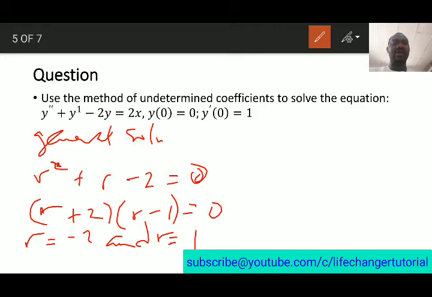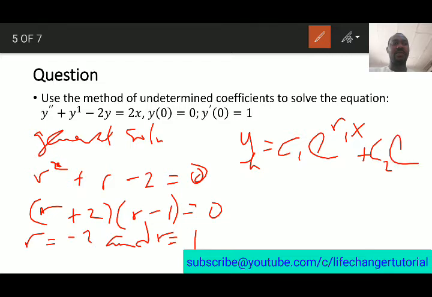So that means my yh, which we use to represent the general solution, according to our formula, should be c1 e to the r1 x plus c2 e to the r2 x. With this, my c1 is a constant, e to the minus 2x, plus c2, which is a constant, e to the r2 x.